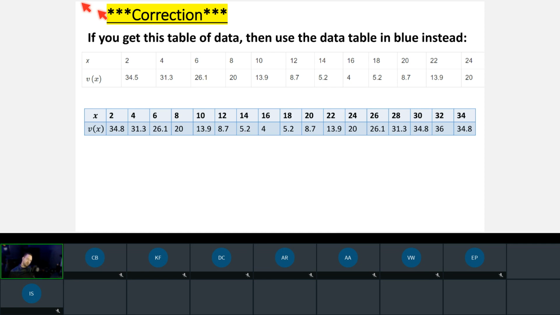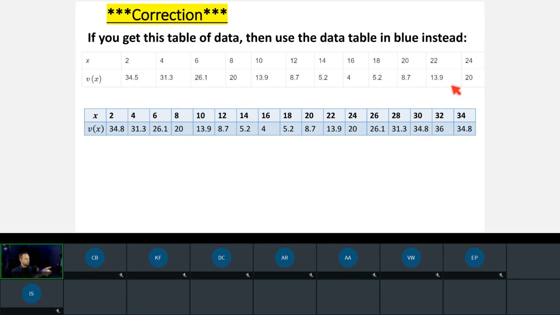All right. There's also a correction. So I'm going through these test questions, and there's an error on your test that will make this problem impossible to solve. So I would snip this page, because if you are the unlucky one to get this variation of that word problem, it's going to give you this table of data. Well, this table doesn't have enough data to answer the question.